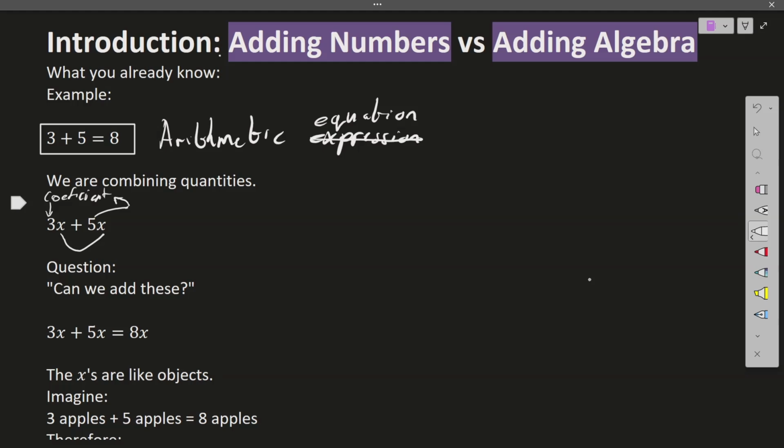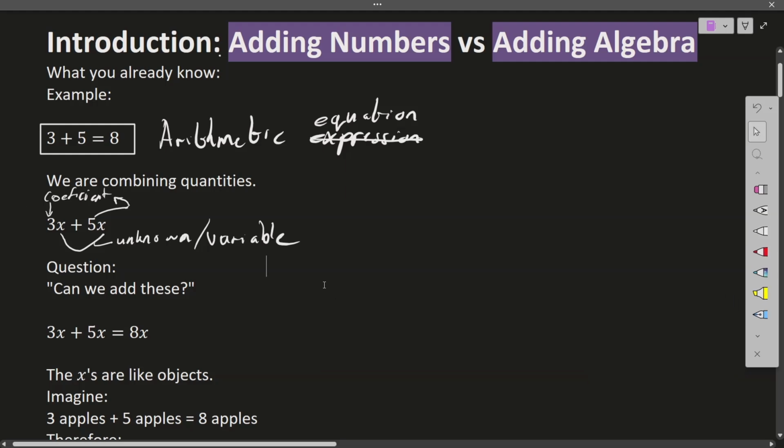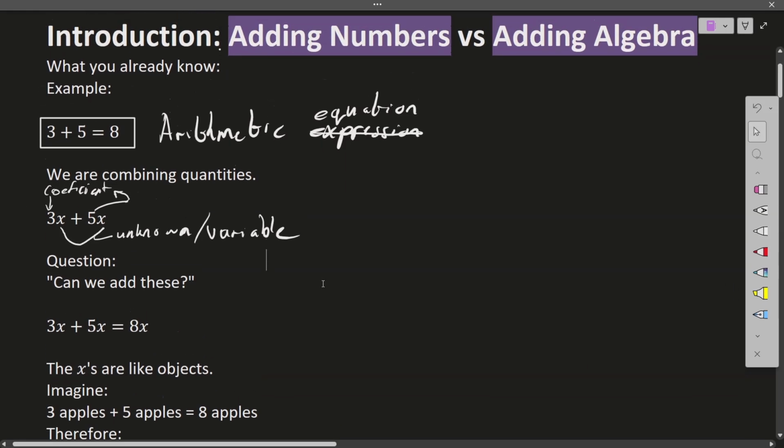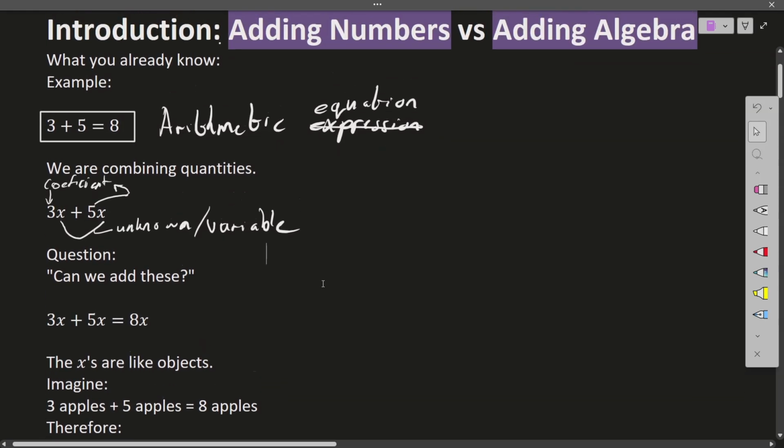Yes, so these are unknown numbers or variables. Okay, so that is basically algebra that we're going to be focusing on today. We are going to be adding these numbers, or adding in algebra. So it is one of the same thing, just that now in algebra you have an unknown.